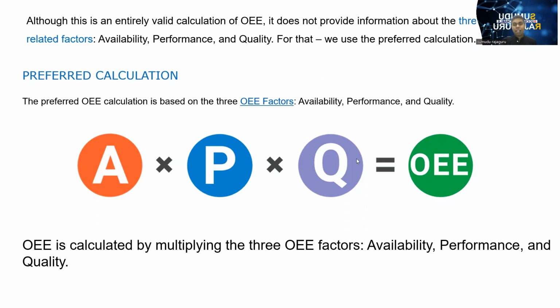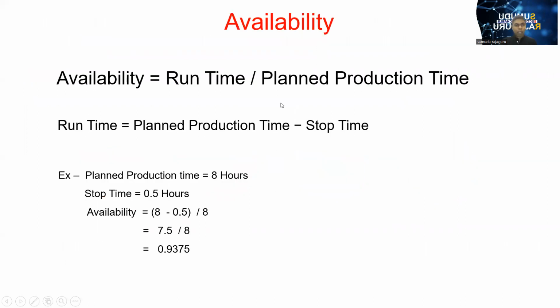That is the complex model. Complex means not really complex, but compared to the previous method, it is more involved. We calculated only the performance part before, but now we have to calculate the availability part as well as the quality part.